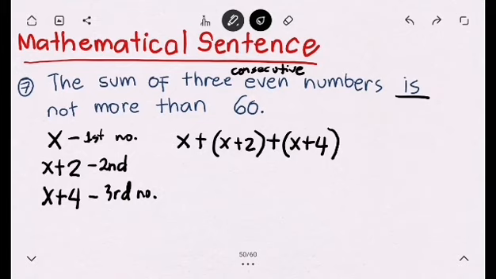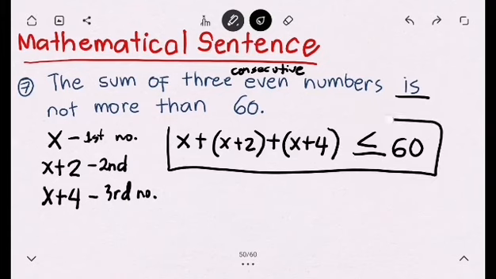Pero pwede siyang maging equal sa 60 at mas maliit sa 60. So, ang gagamitin natin dito is less than or equal to. Ito yung symbol para doon. Babasahin natin tong inequality na to: x plus 2 plus x plus 4 is less than or equal to 60.